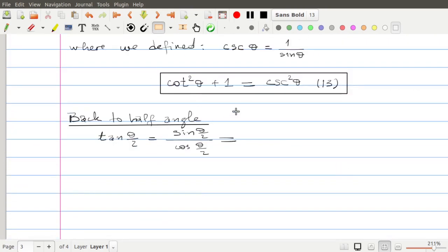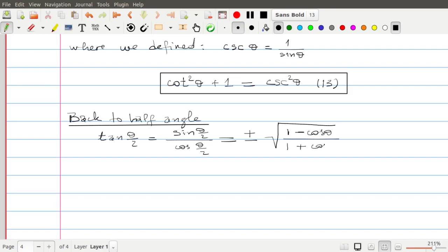So the formula gives us plus or minus the square root of 1 minus cosine theta by 1 plus cosine theta. But this is not enough. This formula with the square root is really a bit annoying. We can simplify this further.